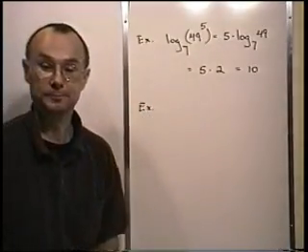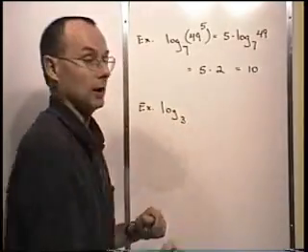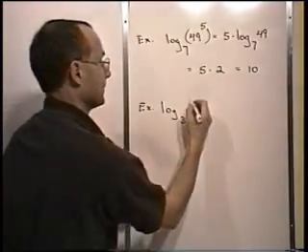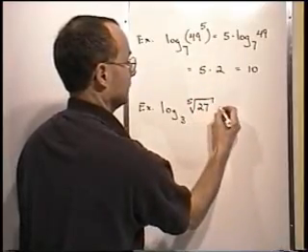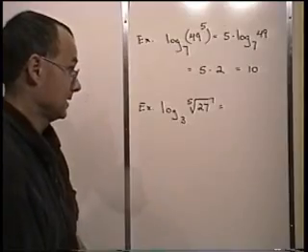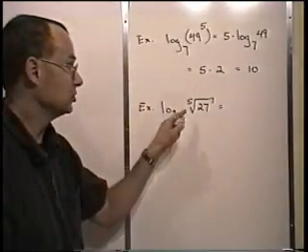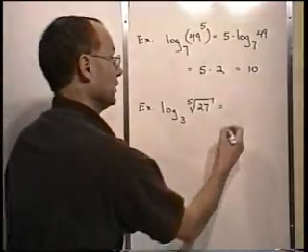Second example. I'm going to try and simplify something like this. Log base 3, the fifth root, 27. All right, let's try and make sense of this little mess. I always like to change radicals like this to exponentials, so that's what I'm going to do.